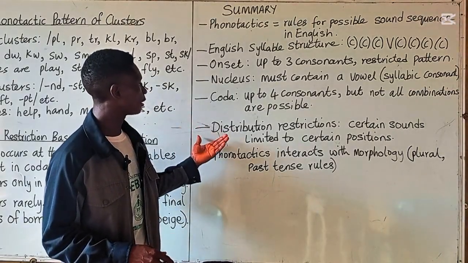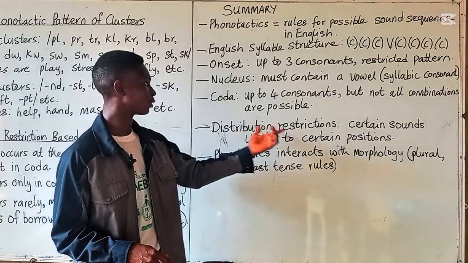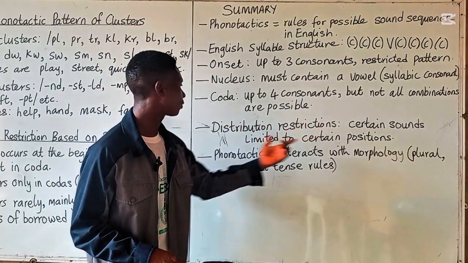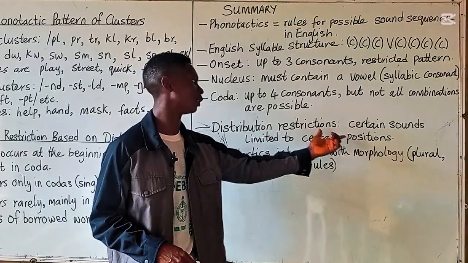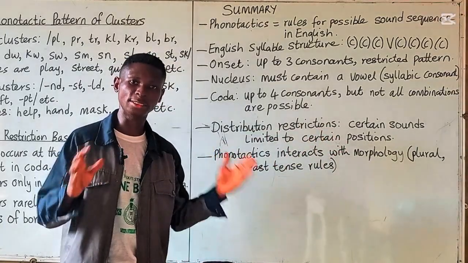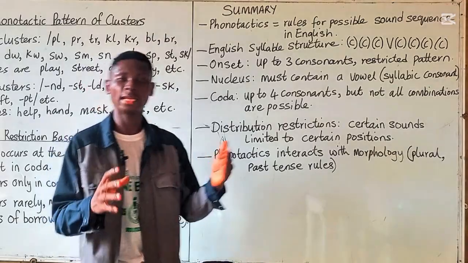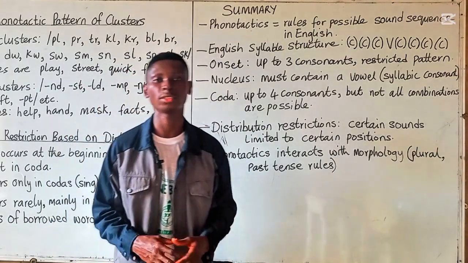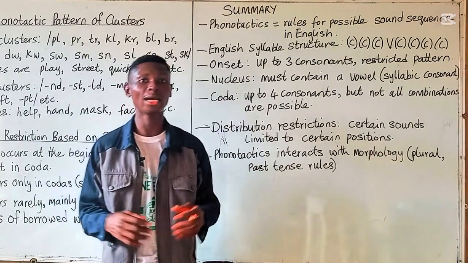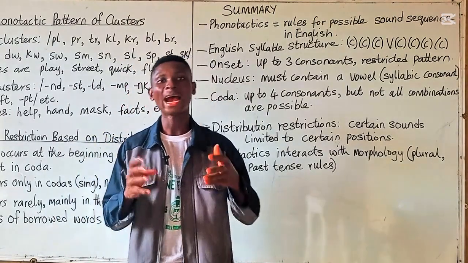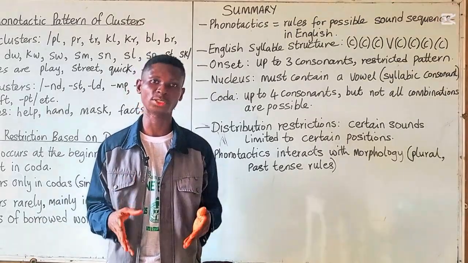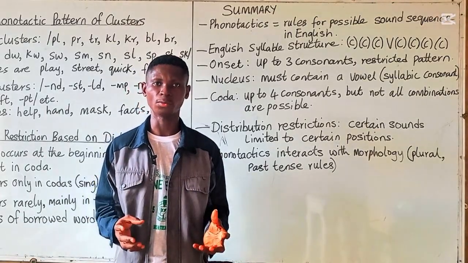Again, note the distribution restriction, as certain sounds are limited to certain positions. Note the different sounds we have that are limited to different positions. For instance, the sound can only occur at the initial position of syllables.